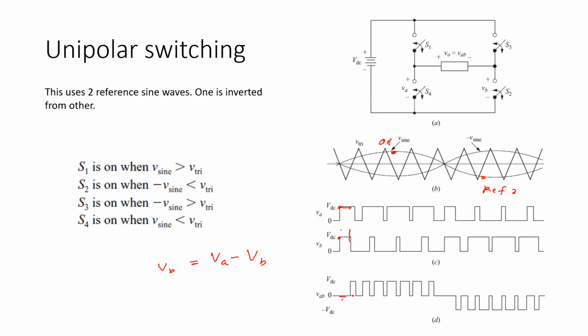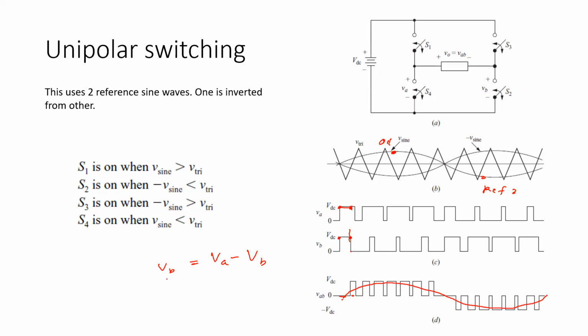At this point, this goes to 0, but this still stays like that, so it will be VA. Our voltage waveform will be something like this. Likewise, you can imagine the differences. This will also obtain a sine wave like this. That's what unipolar switching means.